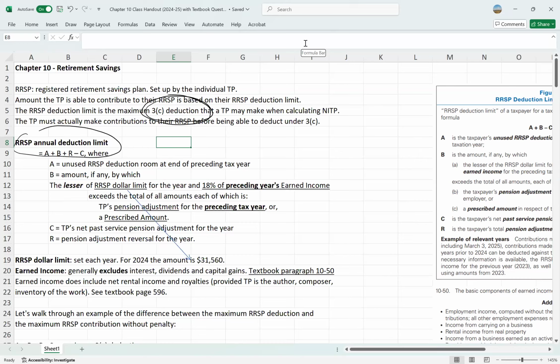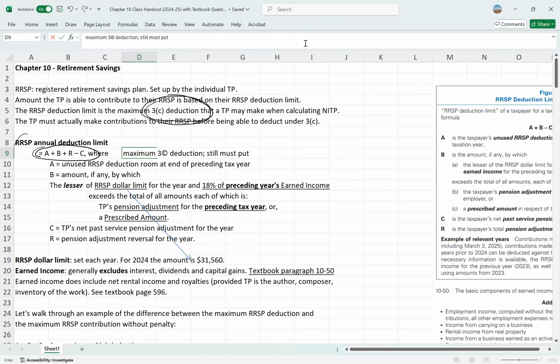Now, when it comes to RRSPs, the maximum deduction is based on this formula here. So this is the formula, which will give us your maximum 3C deduction. But the thing about RRSPs is that you still must put money into the RRSP to get the deduction.